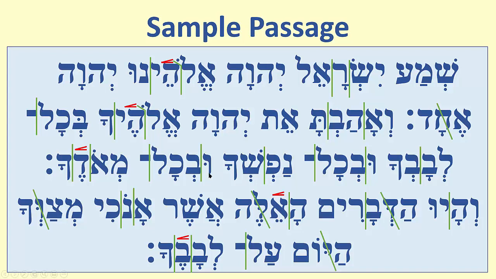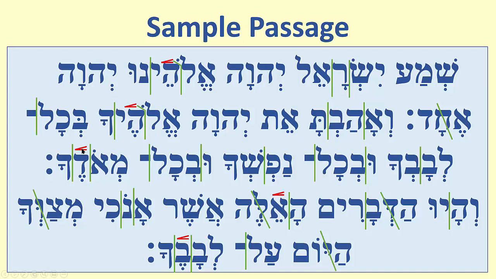All right, this right here is what we saw earlier. Uvechol, with another hyphen. Me'odecha. The mem and the aleph are acting as a cluster. The cholam is a long vowel in this open syllable.